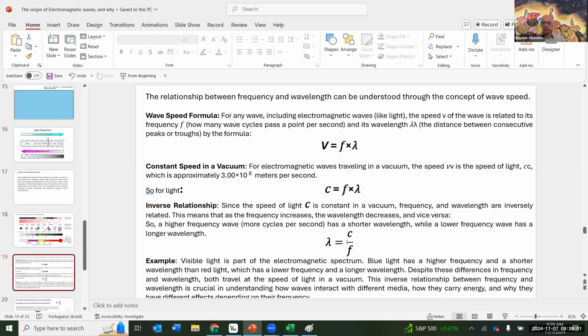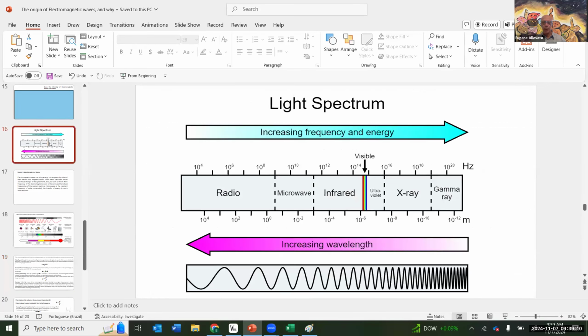And with this, we see that the wavelength is inversely proportional to the frequency, and we saw that here, right? The wavelength increases, but the frequency decreases. So in radio waves, the frequency is less than the frequency of a gamma ray, right?